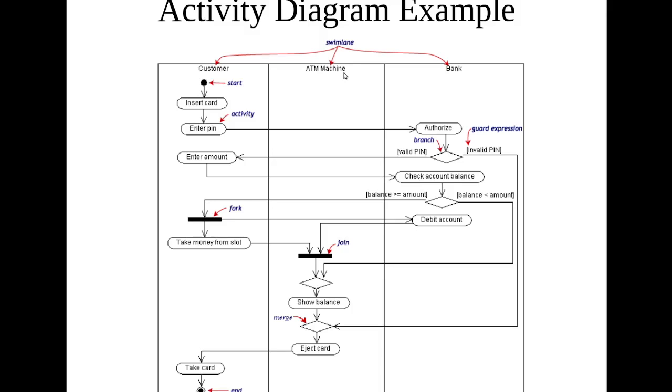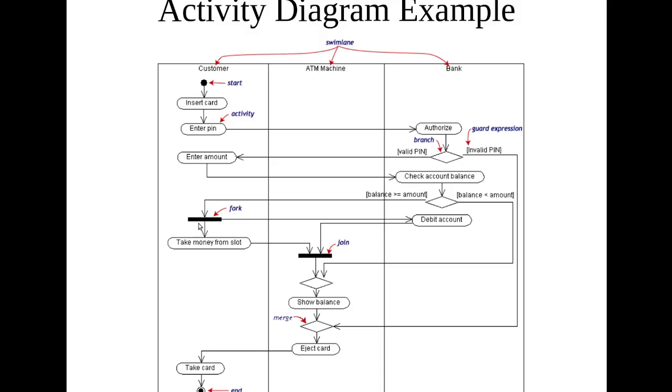It shows the part of processing which will be done by these objects. So it will start from here. You will insert the card, enter the PIN, and it will go to the bank. Then the bank will find out whether it is valid or not, do the necessary things, and again it comes here.